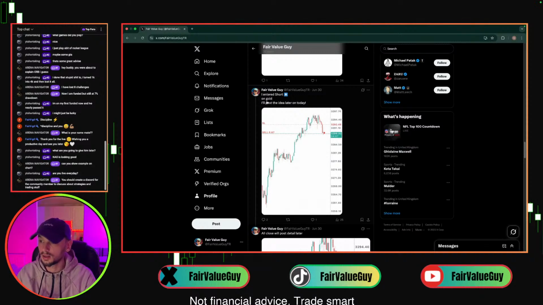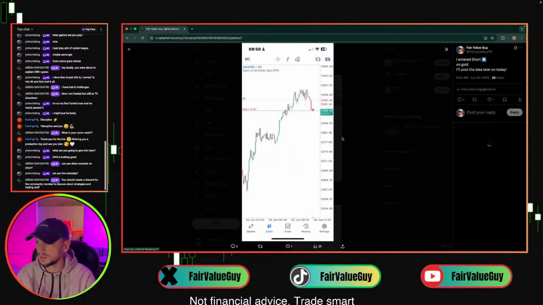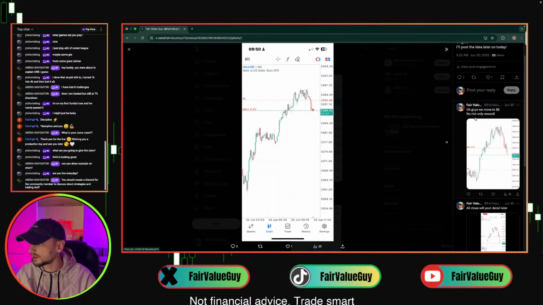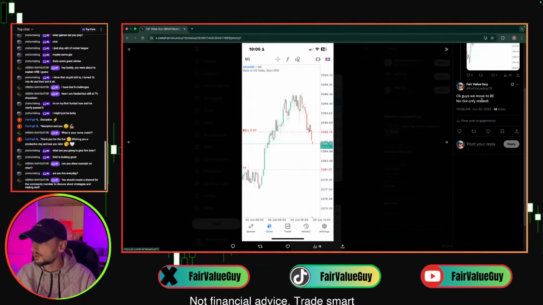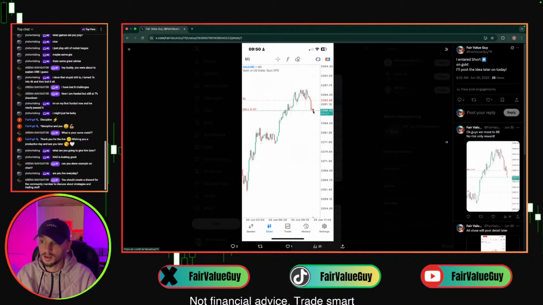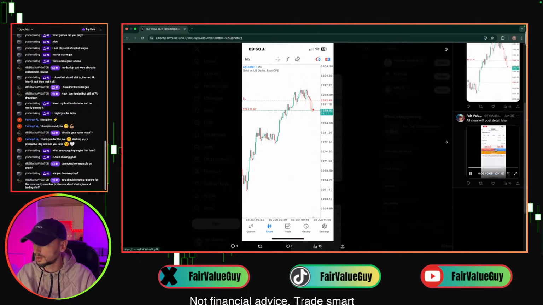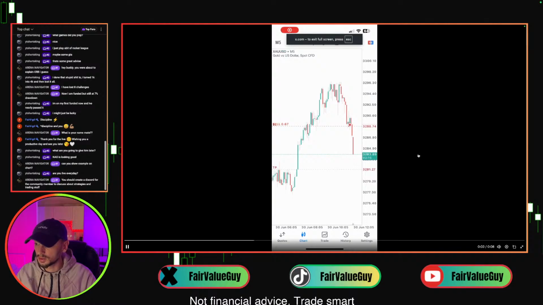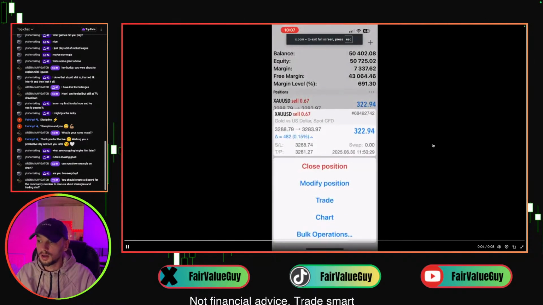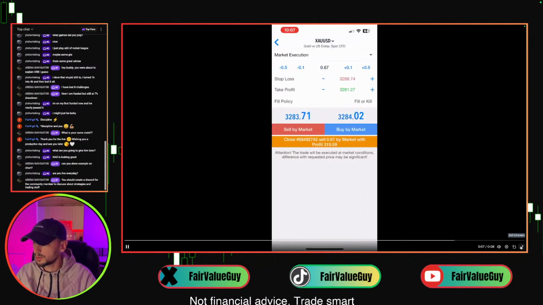Like this one, I entered short on Goat. I post the idea later on today, and after that, okay guys, we move to break even, no risk, only reward. As you can see on the first picture, I gave a heads up of the trade beforehand, and after that I uploaded another video saying that I'm closing the trade. So yeah, I try to keep you updated.